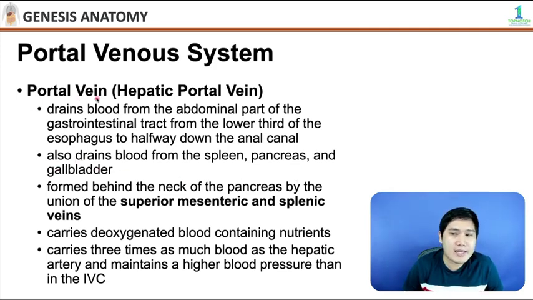Your portal vein is formed by the union of the superior mesenteric and splenic vein, which occurs behind the neck of the pancreas. Although it carries less oxygenated blood, it contains nutrients. In fact, it carries 3 times as much blood as the hepatic artery to the liver.